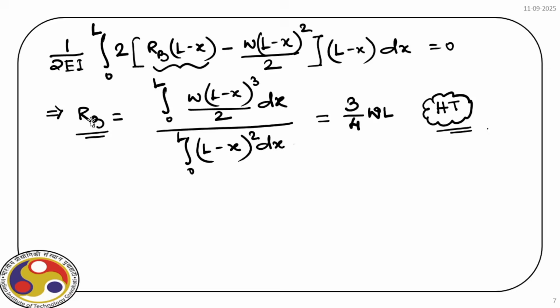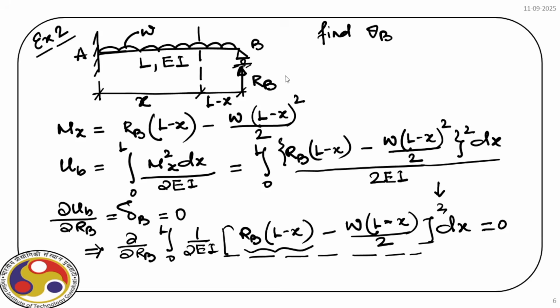Okay. Now, the second part of the problem we have to solve. And for that, the objective is to find out the rotation at the end B, and we do not have a force there acting, and therefore what we do, we apply a bending moment of M. Actually, this is having a sagging behavior.